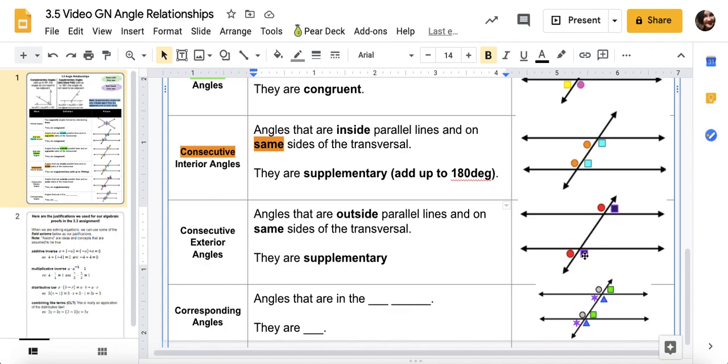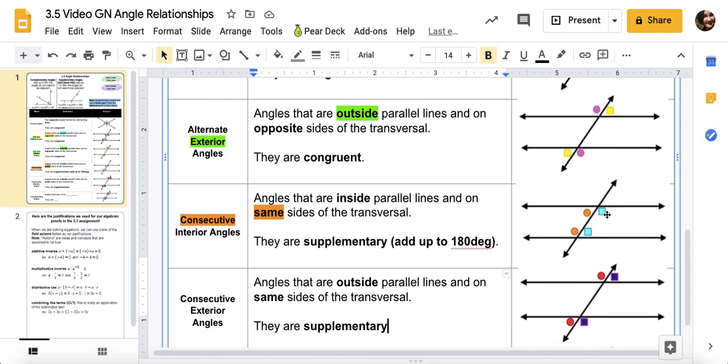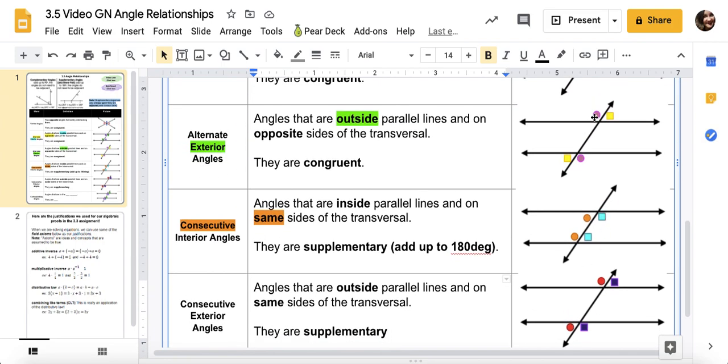Purple and purple are supplementary. We can clearly see that this red angle and this purple angle would also be supplementary because they're a linear pair. They create this straight line, so they are a linear pair. And if we move back, we know that this red angle and this purple angle would be congruent because they're alternate exterior angles.